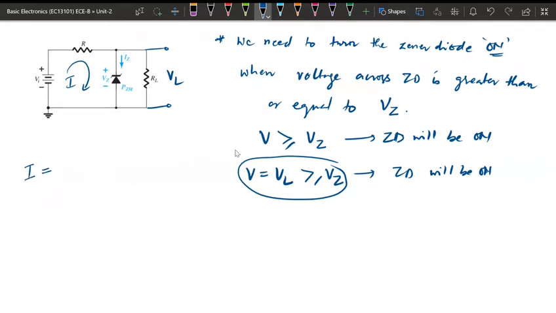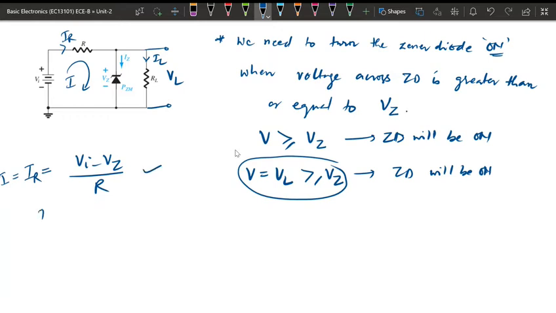The voltage across it is Vz, which equals VL. Using KVL, the current flowing through the resistor, IR, is (Vi minus Vz) divided by R. The current through the Zener diode is IZ, and the current through the load is IL. So this is one of the equations.